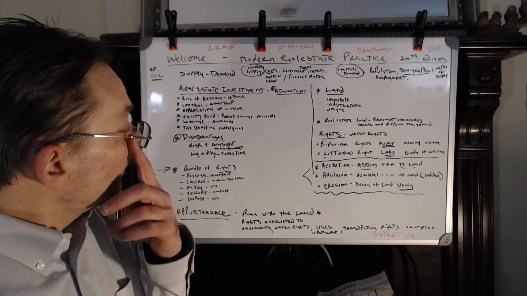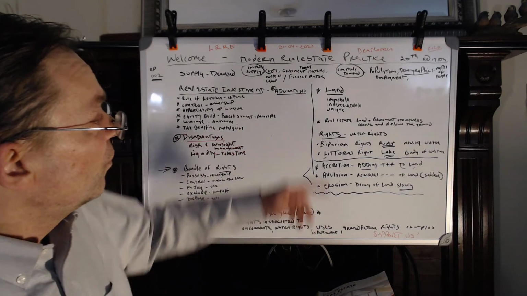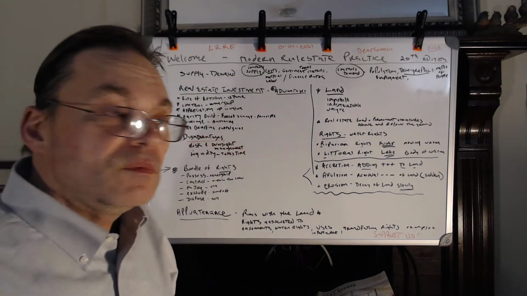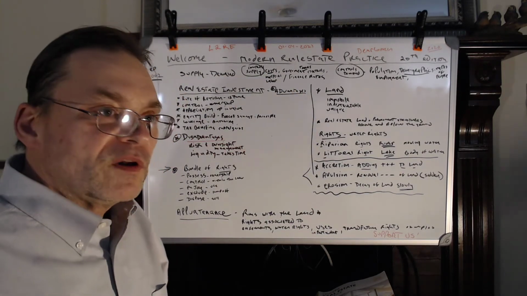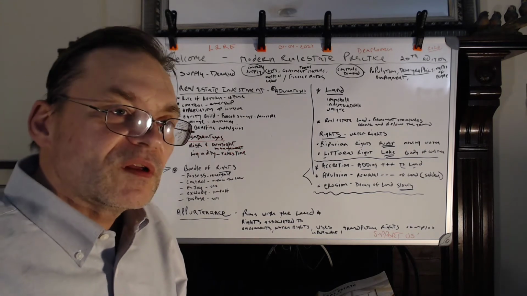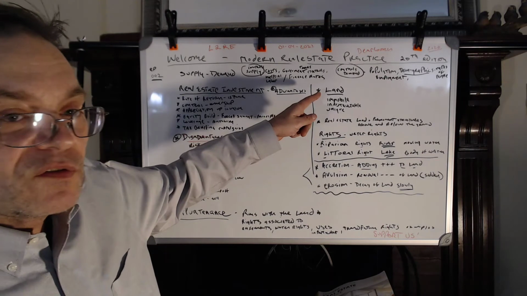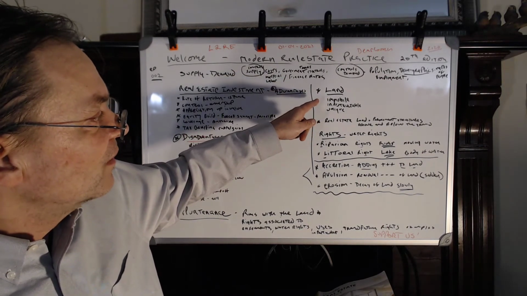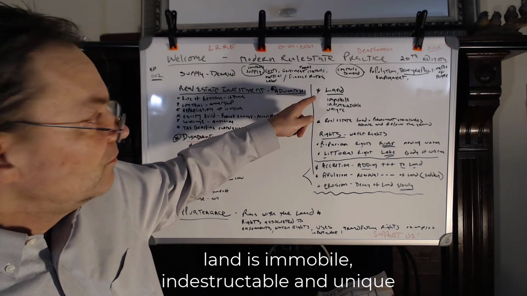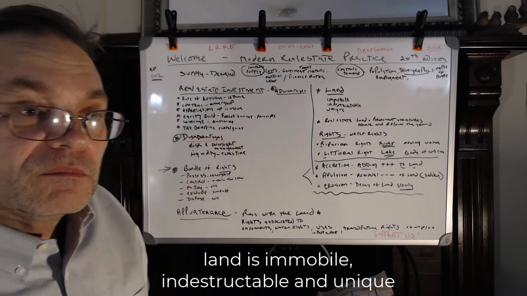I wanted to talk to you about what is land. We talked about real estate, and then you think, what is land? Well, land is immobile. You can't move land.